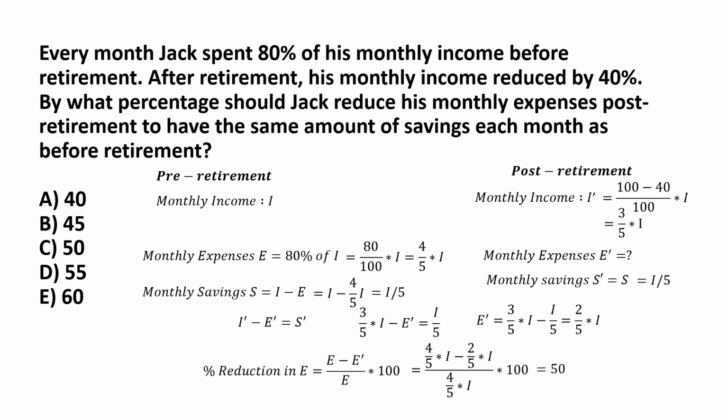So you have basically in the numerator 2 by 5, the denominator is 4 by 5. So we got the fraction there is half, and then half multiplied by 100 as a percentage, this comes to 50%. So the correct choice in this case will be option C, 50.